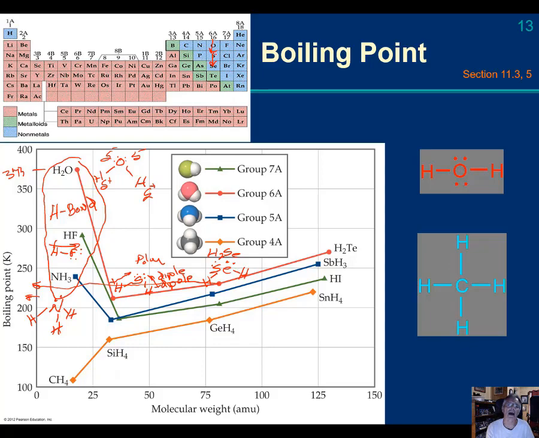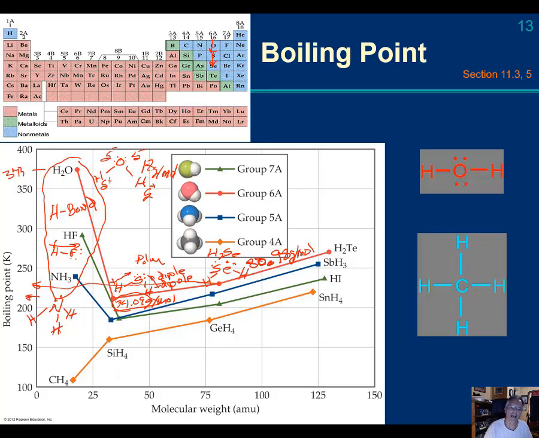As we go down the periodic table, the central atom in the molecules has a lower electronegativity, so the bonds are not as polar as they are for the hydrogen sulfide. But what is happening is the molar mass of the molecules is increasing. So hydrogen sulfide has a molar mass of 34.09 grams per mole, as opposed to water's little 18 grams per mole.